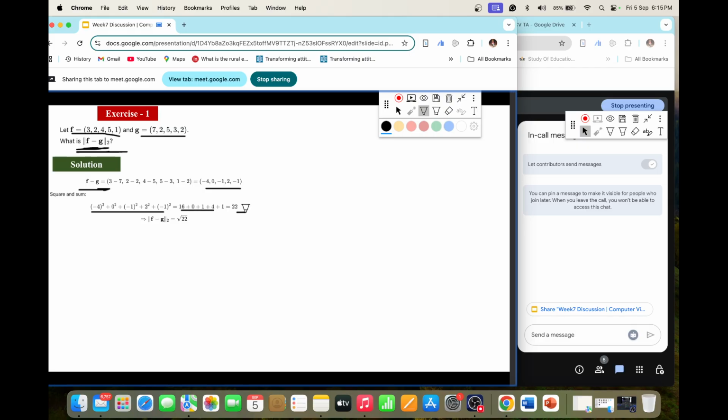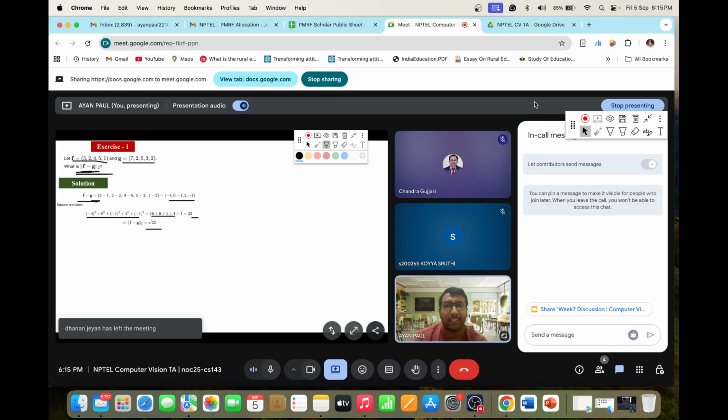That is coming 22, and then we root over, so it is root 22. So this is the first question on L2 norm. Is this clear to all of you?